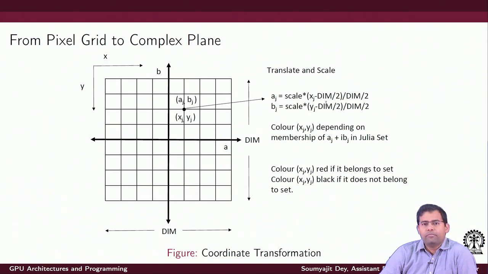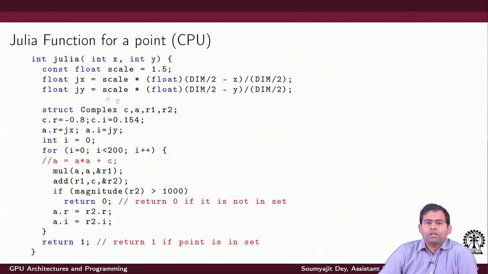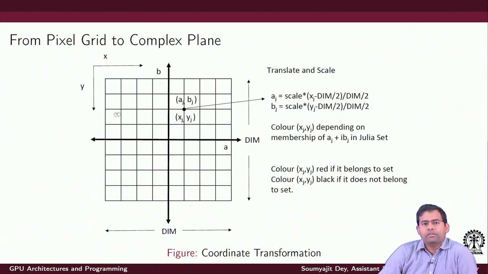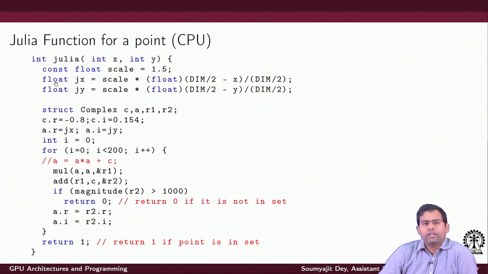Of course, dim represents the dimension, that is, the total size of the screen that I am considering, and I am assuming it is a square area, dim cross dim. Using this transformation that we discussed in terms of aj and bj, we now create the variables jx and jy.